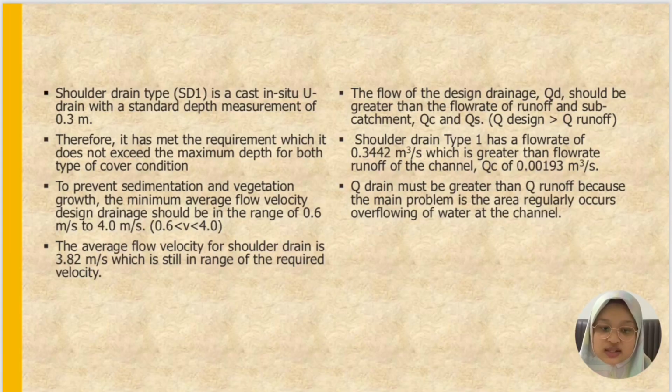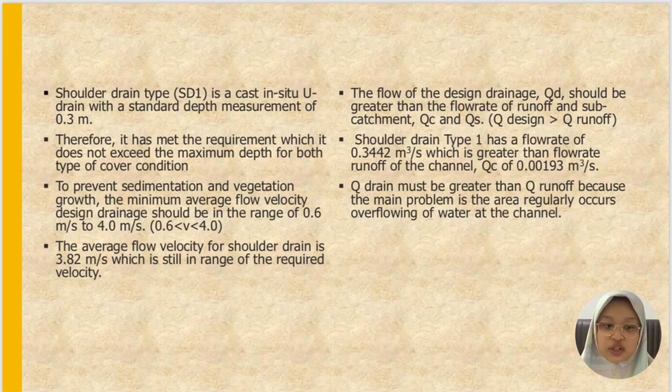Based on the JKR standard drawing for drainage work, shoulder drain type 1 is a cast in situ U drain with a standard depth of 0.3 meter. Therefore, it has met the requirement, as it doesn't exceed the maximum depth for both types of cover condition.